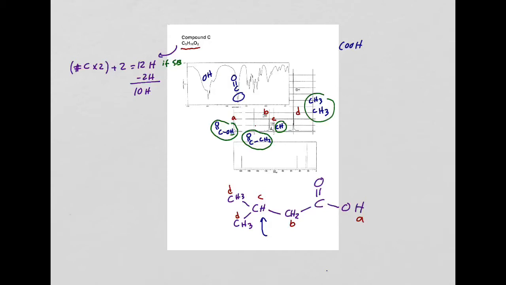Because this CH is next to CH2 and then is next to CH3, CH3. Now CH2, that's my peak B, and these are my peak D. So these are not equivalent to each other. So if it's not equivalent to each other, we can't add them together. It would be N plus 1 times M plus 1.